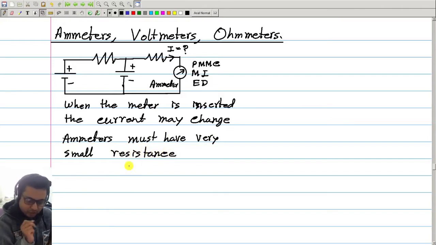Okay, now the question is, when I say very small, this is an incomplete or vague statement, because how small is small enough? How small will be sufficient for my purpose? So that is the question. How small should it be?